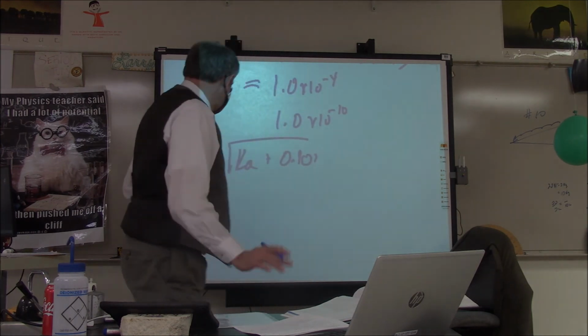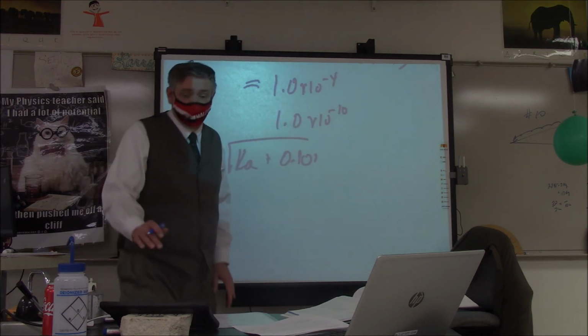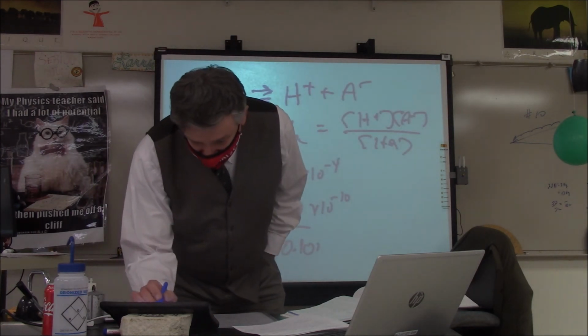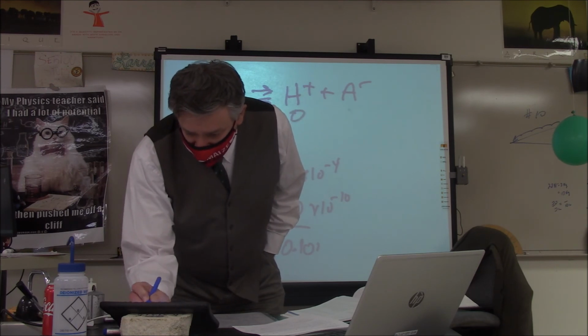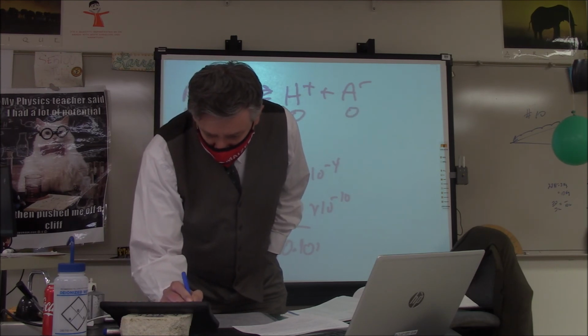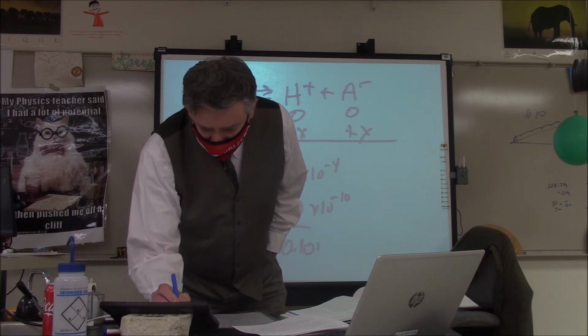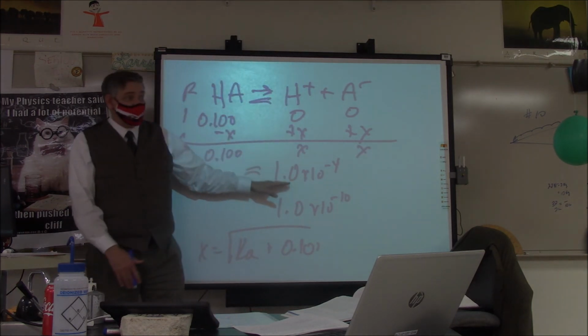So this is going to be the same for both of these. Because if you set up your RICE chart, which I'm going to expect you to do, you're going to go minus X, plus X, plus X. That's 0.1, that's X, that's X. So here's your RICE chart in action.